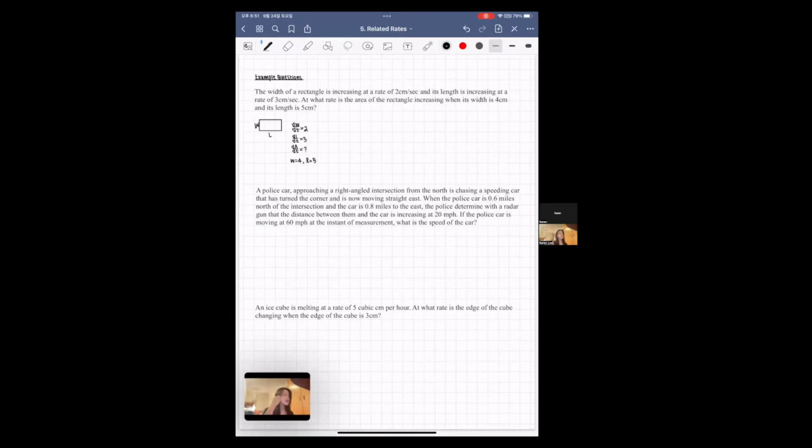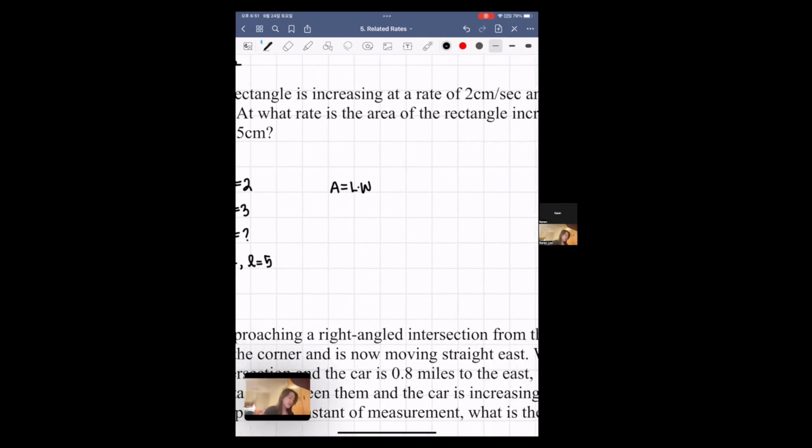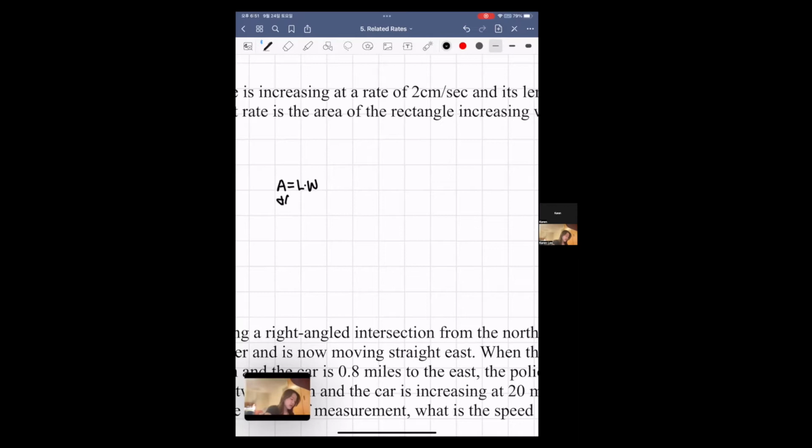So using this, we're going to form an equation and we're going to solve. So the area of the rectangle is A equals L times W. So we differentiate: dA/dt equals dl/dt times W plus L times dw/dt.